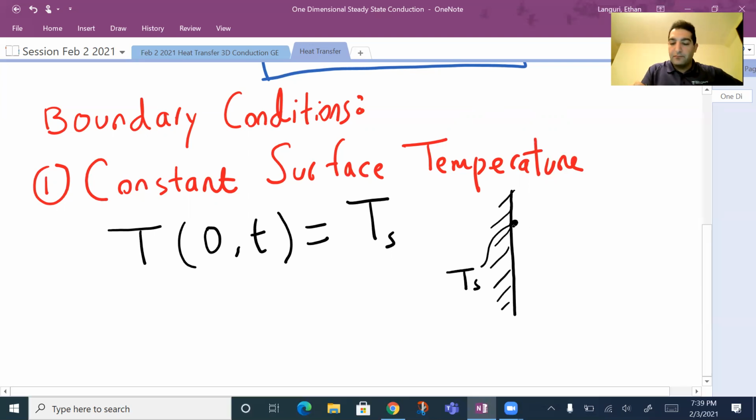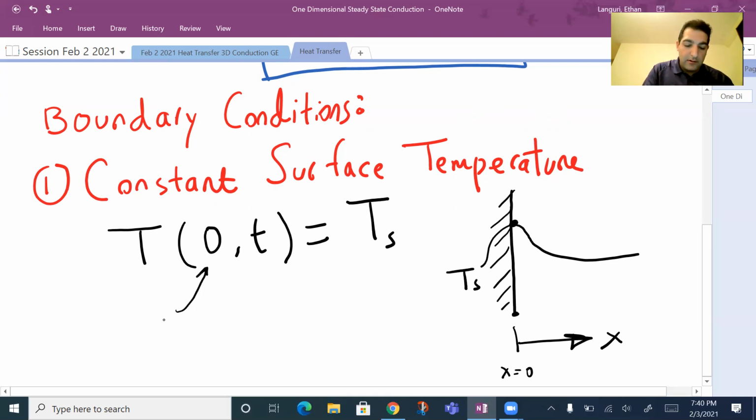And of course, the air temperature beside it could vary. But if this wall is located at x equals 0, we are saying that the temperature at x equal to 0, at any time, is constant, which is equal to Ts. That's our first boundary condition, and that's a very common boundary condition we see in many cases.